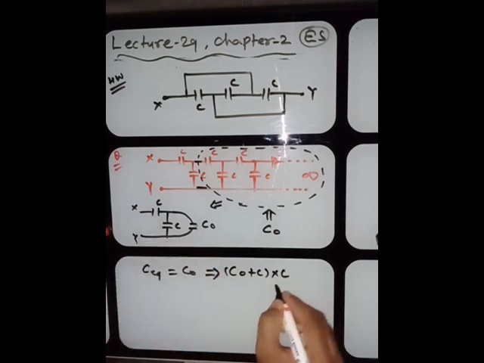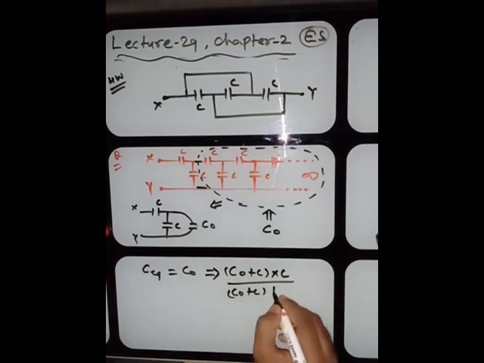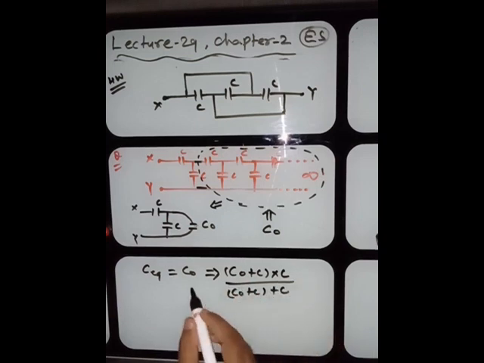So it is (C naught plus C) times C divided by (C naught plus C plus C), which is equivalent to C naught. Now C naught equals (C naught plus C) times C divided by (C naught plus 2C).